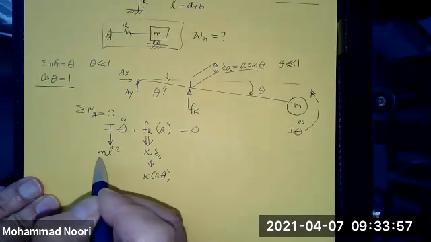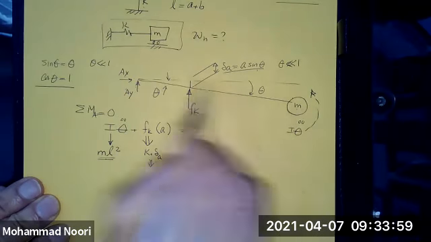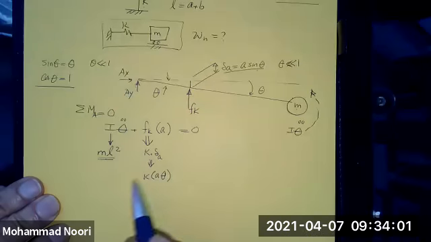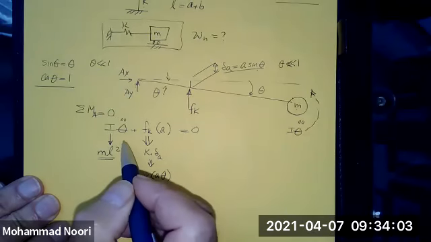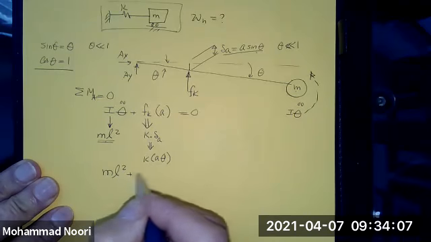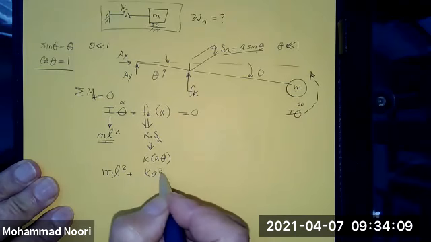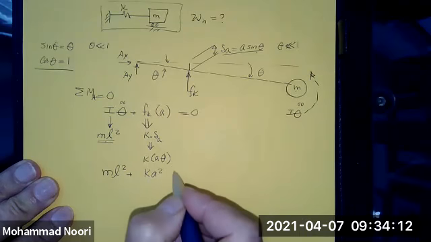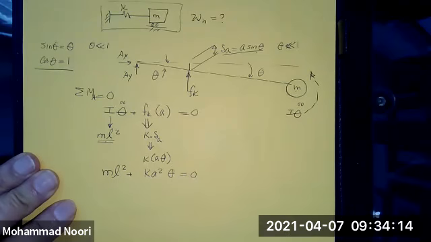Remember from dynamics, this is the moment of inertia of a lump mass rotating about a point. So if you substitute for all those, you get M L squared theta double dot plus K a squared theta is equal to 0.